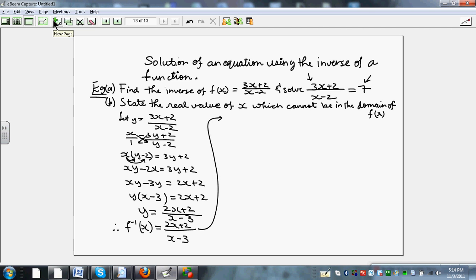So all we do now is find the inverse function of 7. So f to the minus 1 of 7 will give us the solution that we're looking for. So f to the minus 1 of 7 means take 7 and place it in here. So it becomes (2 by 7 plus 2) all over (7 minus 3).